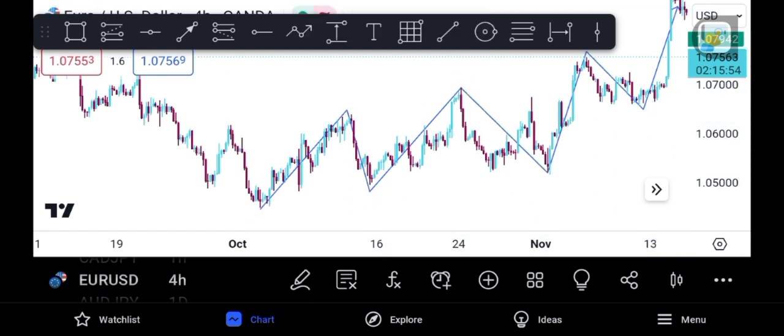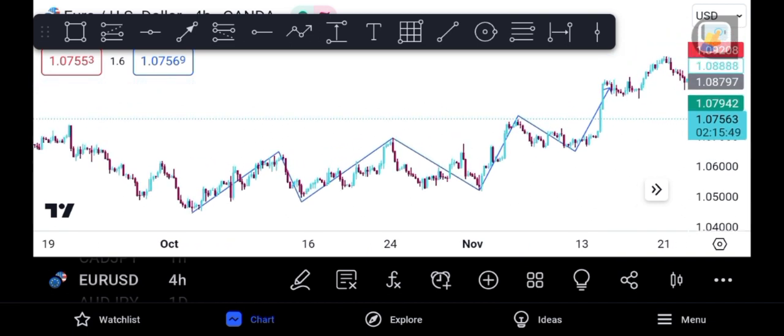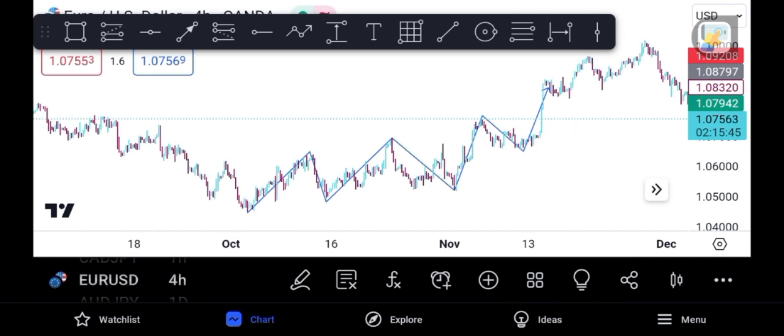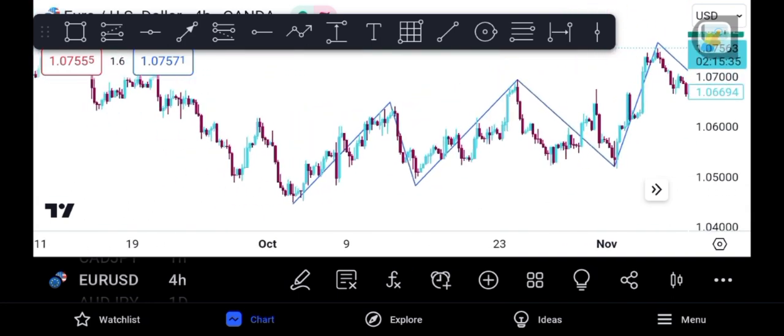You can clearly see that this market moves in an uptrend direction, and this market gives us a valid uptrend. Let's mark out the characteristics of an uptrend.